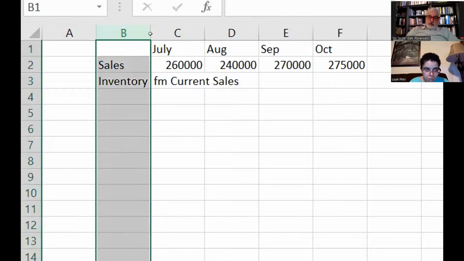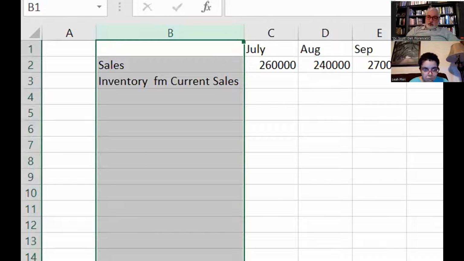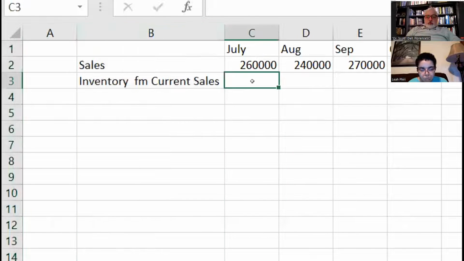Expand that a little bit. Breaking that out, I'm going to take our 60% times the balance, copy that formula throughout.